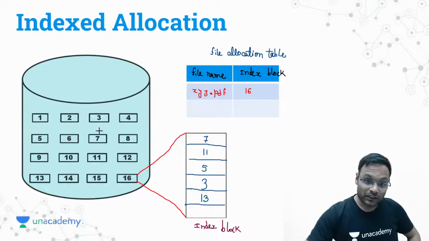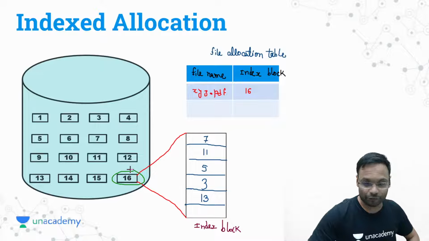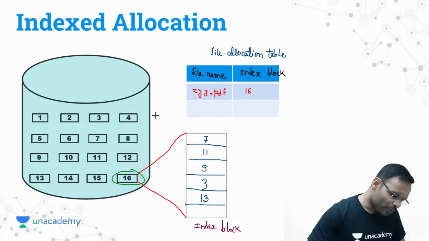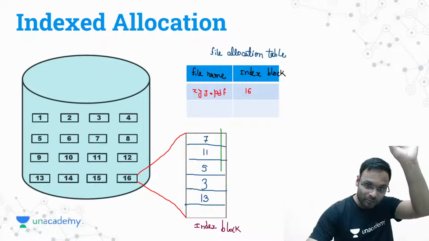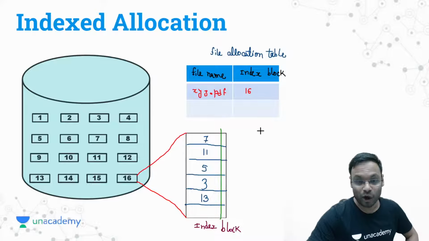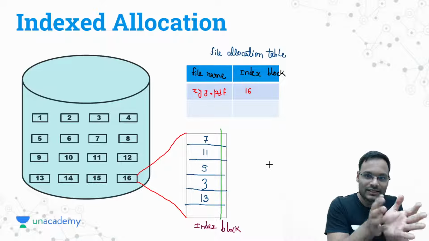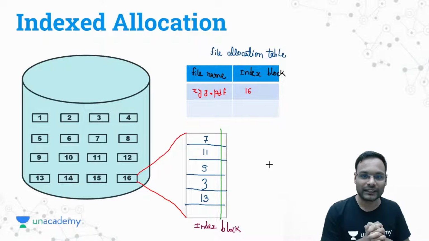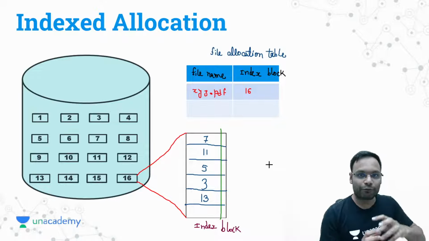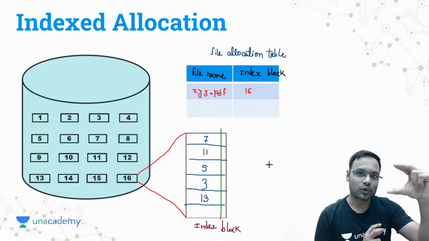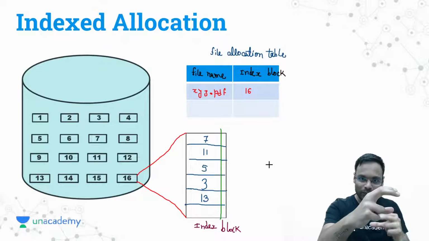Suppose the block size is limited, and of course the file is too big, so many entries are required in the index block. But because of the limited block size, I can keep only some limited number of index entries. If one block cannot store all the indexes, I have to have multiple blocks.